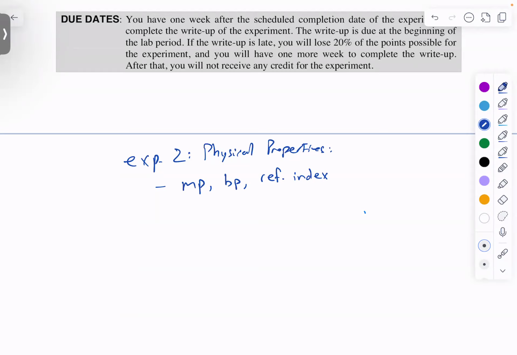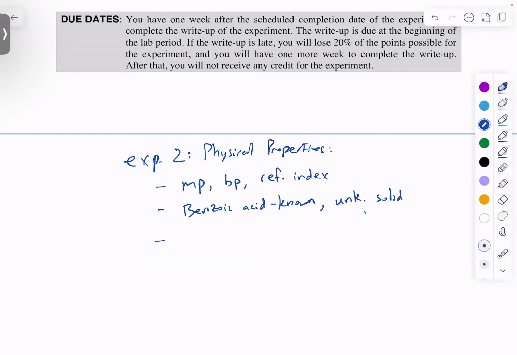You'd also want to mention what you're going to be measuring. For the melting point, you're going to be using a known solid, which is benzoic acid, as your known. And then you will also be measuring an unknown solid. And then for your boiling point and refractive index, you're going to be using a liquid.